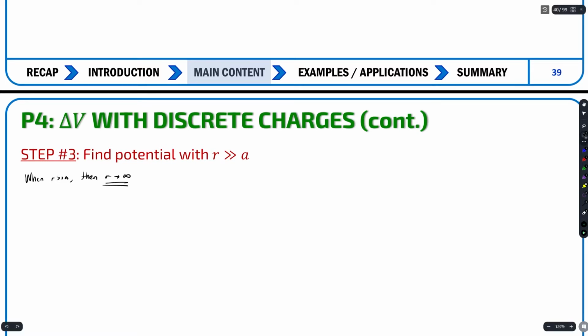And when r approaches infinity, we can assume a few things. We can assume r1, r2, and r are about the same. We can assume that r1 times r2 is approximately equal to r squared.